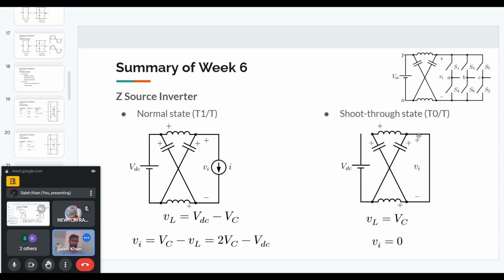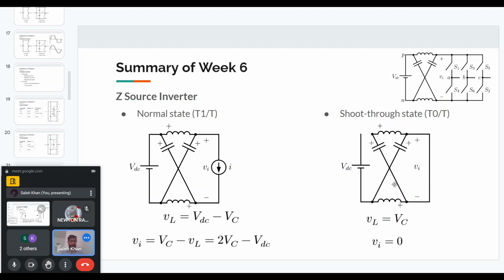So the voltage at the input of the bridge will be zero, right? In that case, the capacitors and inductors will just conduct through this loop, and there will be no current from the input source as well.